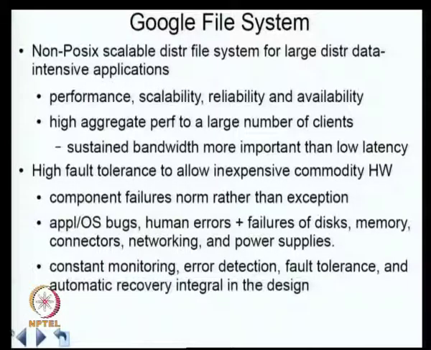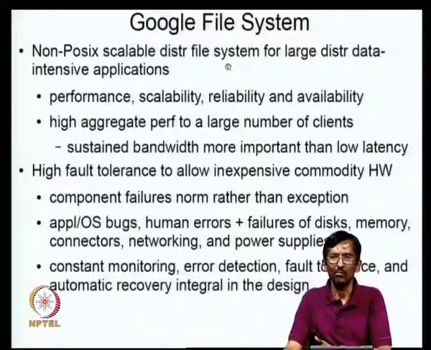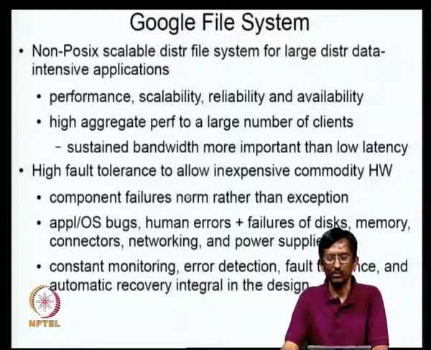So, we looked at some aspects of the Google file system, and we noticed that it has a specific idea about how to do things. One of them is that it takes care of faults in the system quite well, and another thing it takes care of very well is that it has a somewhat relaxed consistency model.